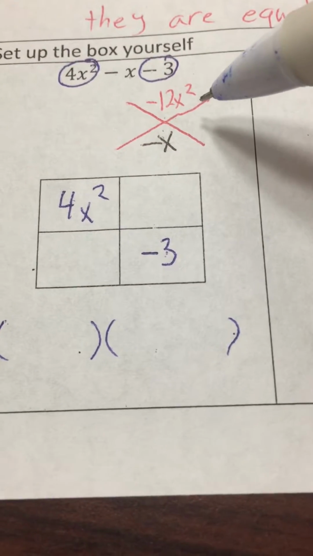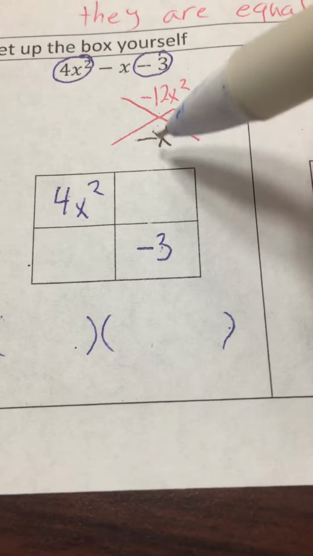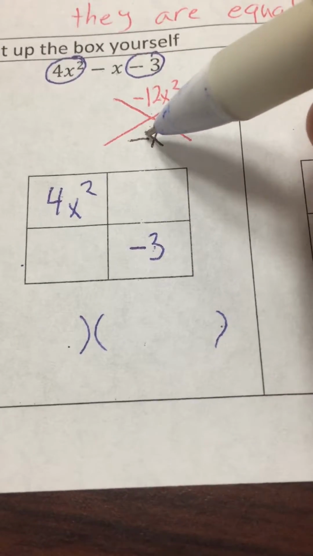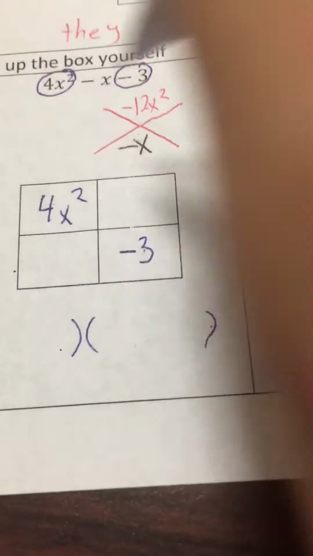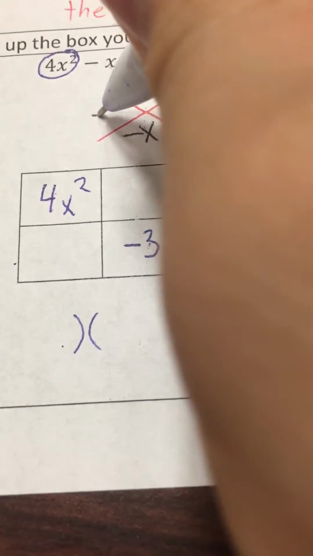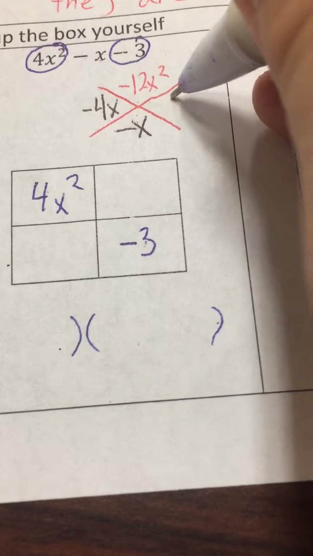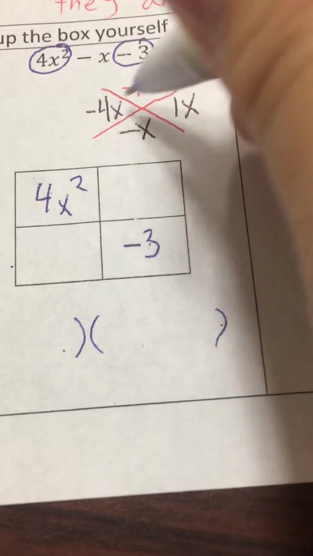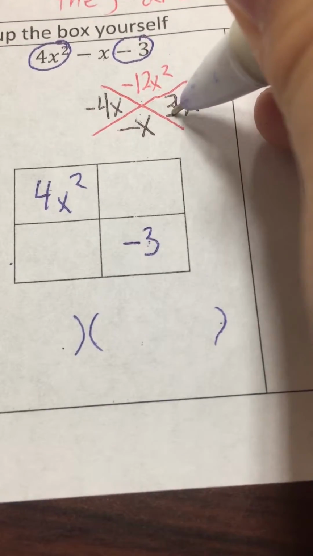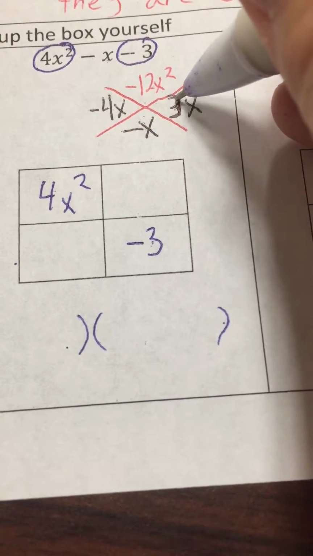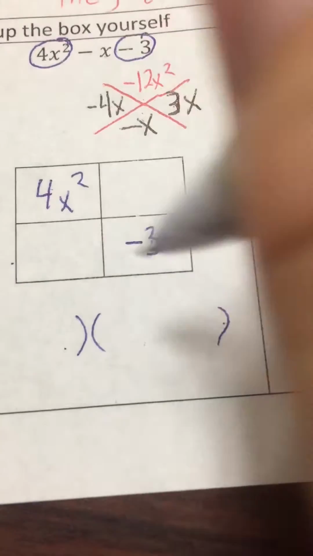What numbers would work here? They multiply to -12 and add up to -1x. Those numbers would be -4x and +3x. They multiply to -12x squared, and when you add them together, you get -x.